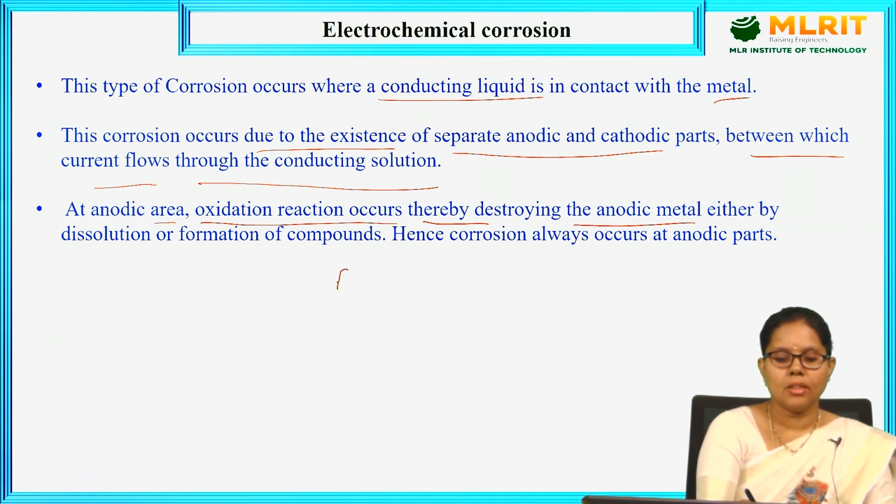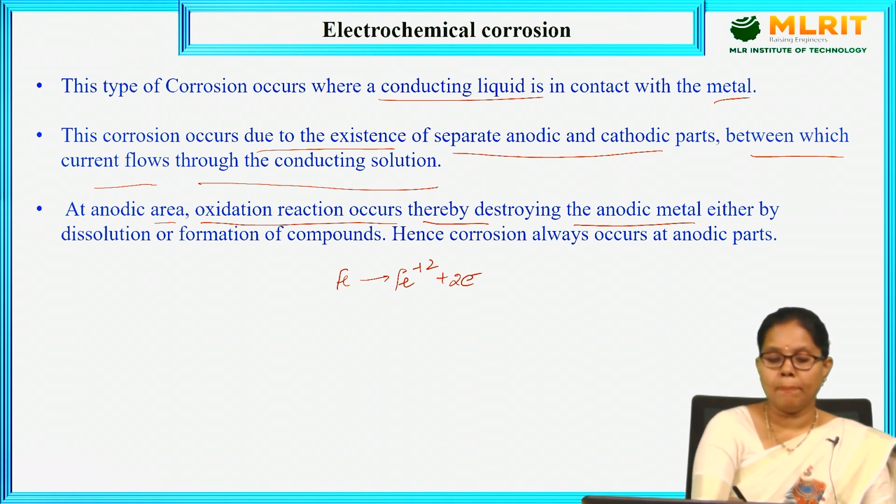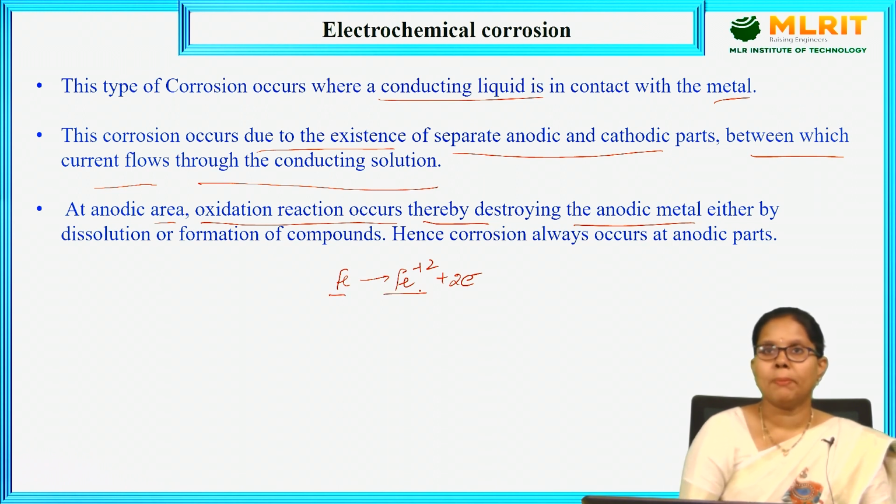See, if a metal loses its electrons, therefore, metal is converted into metal ion. Therefore, dissolution of the metal has been taken place by the oxidation. Therefore, the part of a metal at which oxidation has taken place is called anodic part.